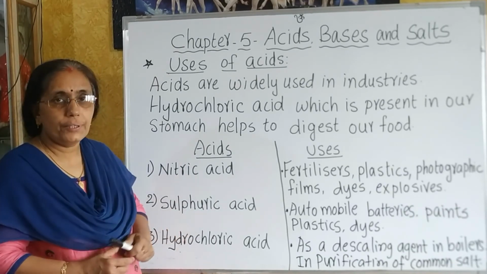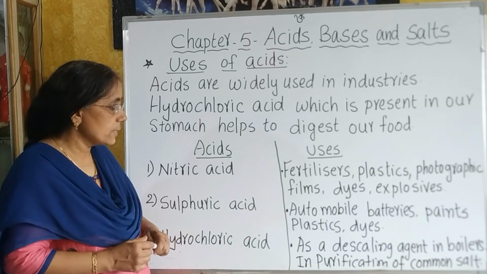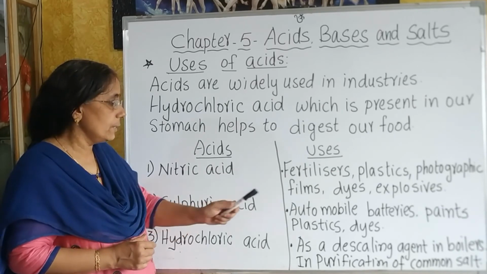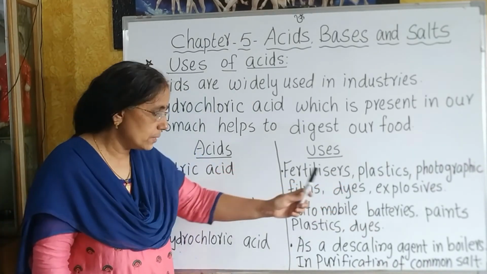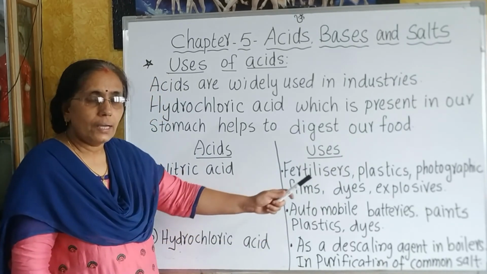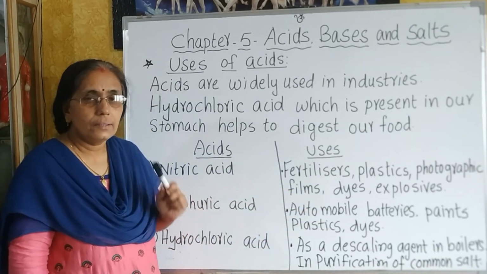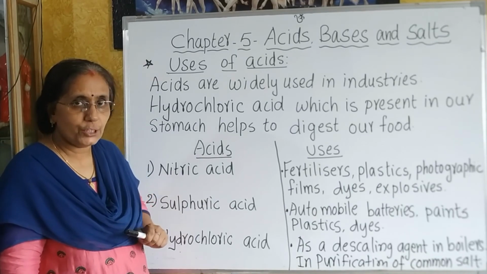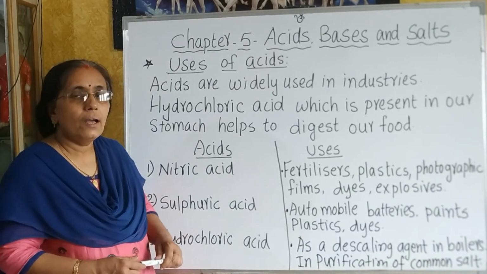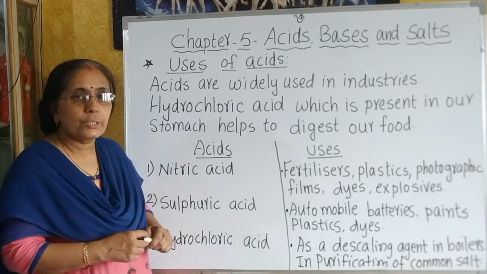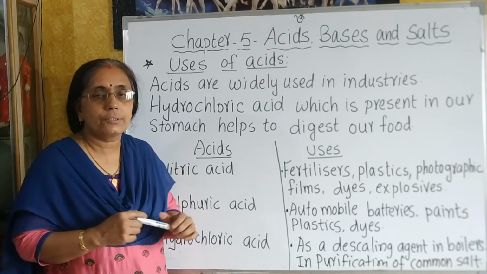Next, sulfuric acid. Sulfuric acid is used in the automobile batteries, in the production of paints, plastics, and again in the dyes, that is coloring material. Next one is hydrochloric acid. Hydrochloric acid is used as a descaling agent in boilers.